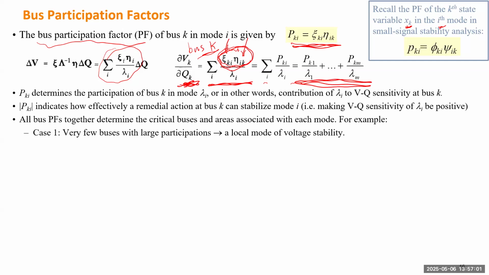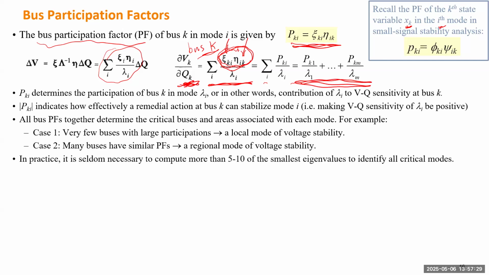Which means your voltage stability problem will happen from a local area. So you only focus on voltage stability static control in that local area where the participation factors are high. Another case will be many buses have very similar participation factor, which means unfortunately your voltage stability problem is a regional problem. It's like a wider area voltage stability problem. So it's harder to be addressed.